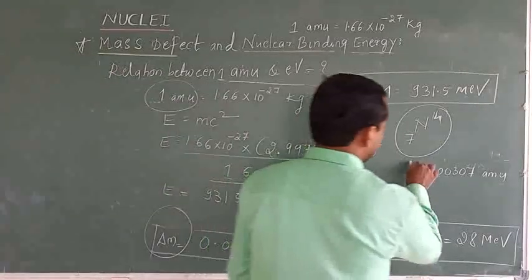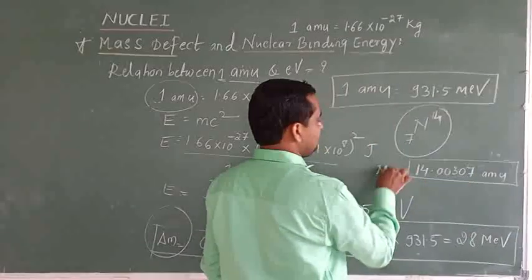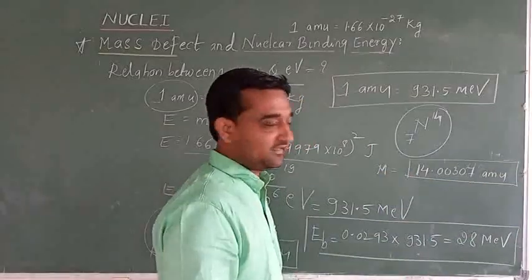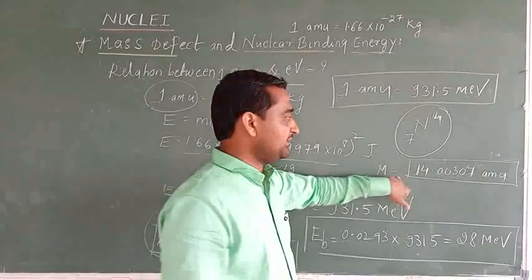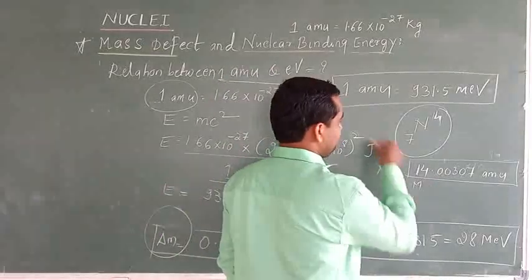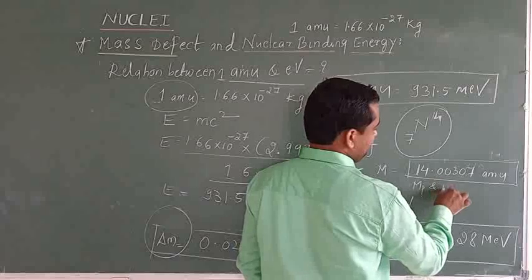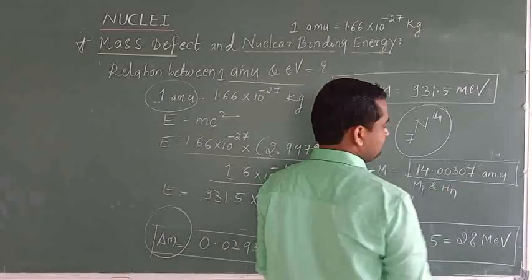14.00307 AMU. It is the rest mass of the nucleus, that is M, given here. By using this, and also you know that I have already written on the board, it is the mass of the protons and the masses of the neutrons.